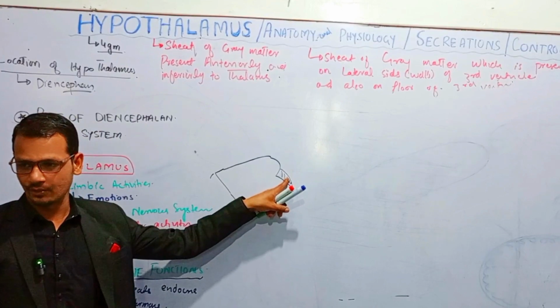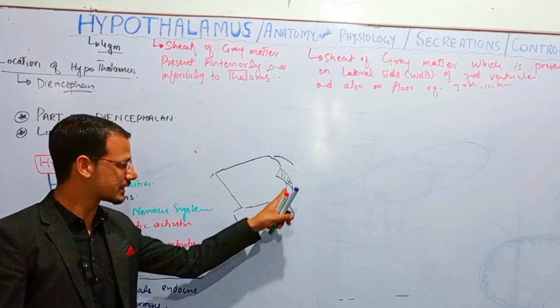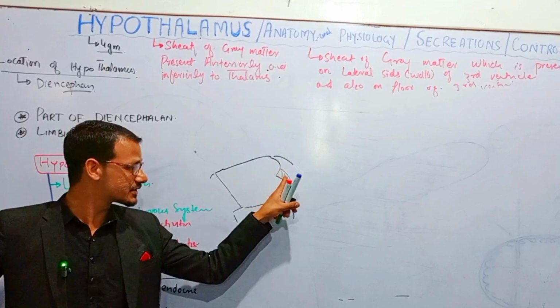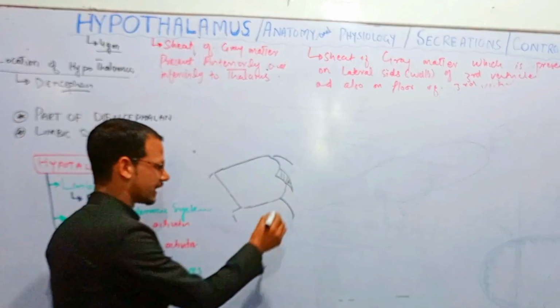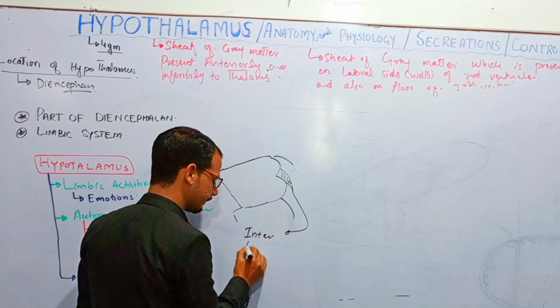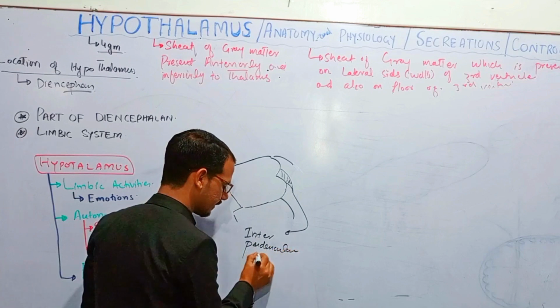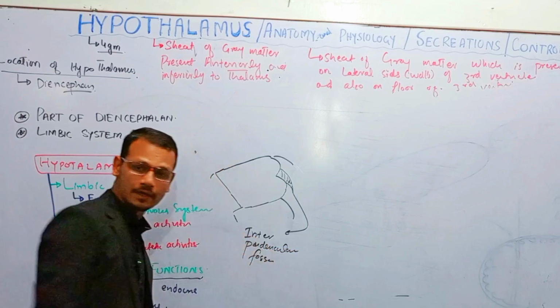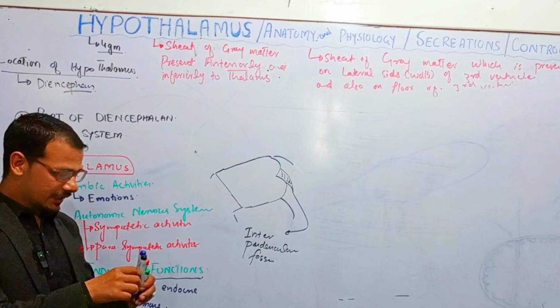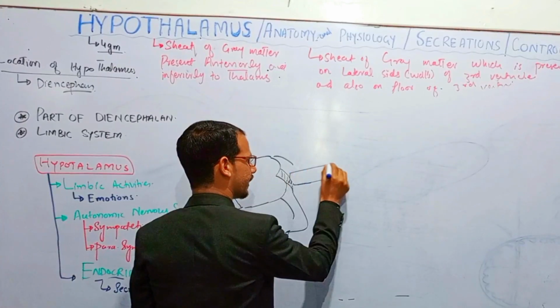This is the interpeduncular fossa, because this is one peduncle, this is the other peduncle, and this is in between these peduncles. So this is called interpeduncular fossa. You can write it, interpeduncular fossa, right? In front of this we have the third ventricle.